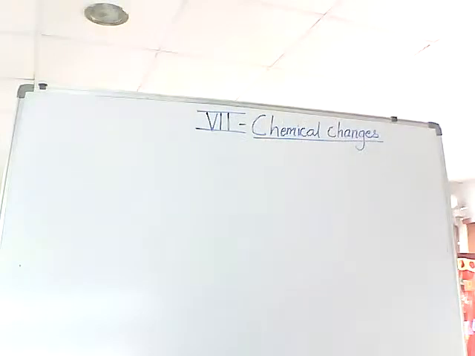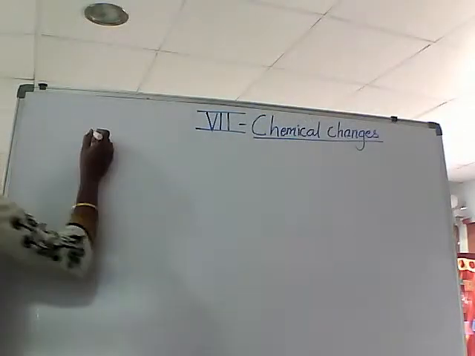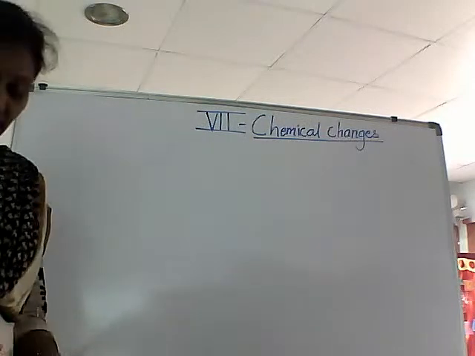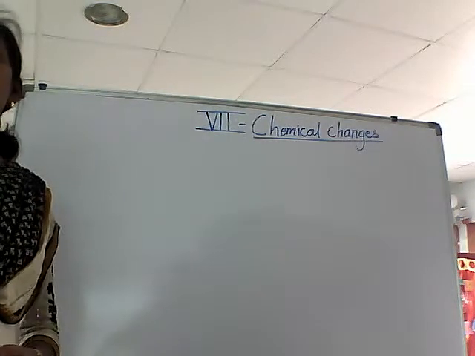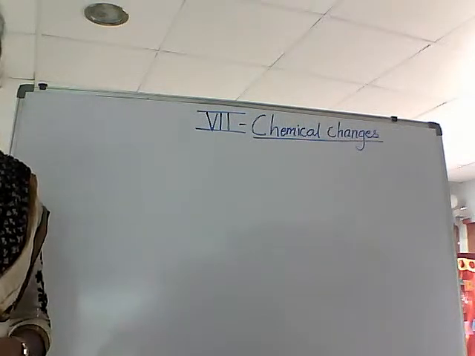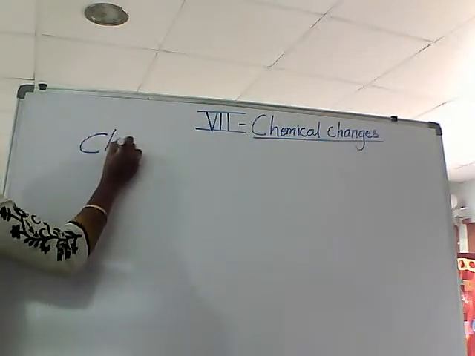Okay. So what is a chemical change? So the change in which the composition and the chemical properties of a substance change. Composition and the chemical properties. So again, in physical changes we have seen that physical properties are changed. So in a chemical change, the chemical properties are changed.